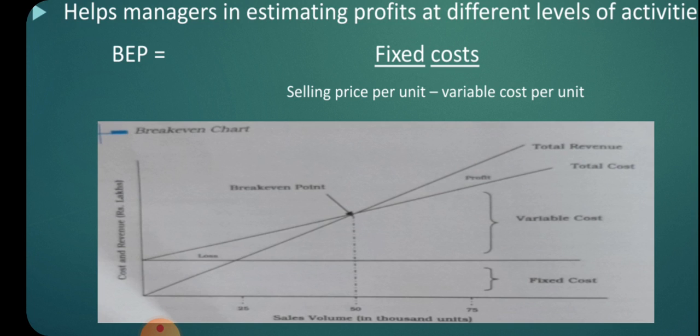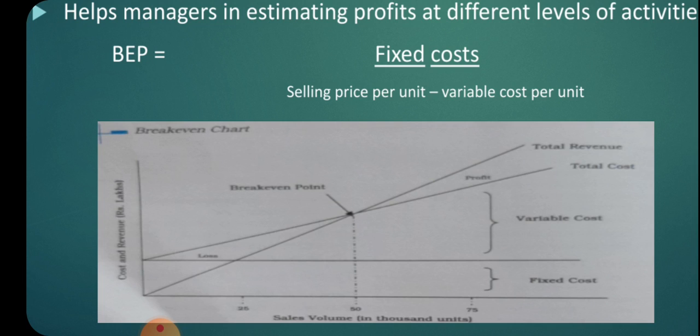Just where total cost and total revenue meet, where they cross, that point we call the break even point. So if you make that much sales, you are not going to incur any loss or earn any profit. If you increase more than 50, then your profit starts. See, this line shows fixed cost, horizontal, parallel to the x-axis, means fixed in nature, it is not going to be changed. And variable cost varies, changes according to increase in the production.